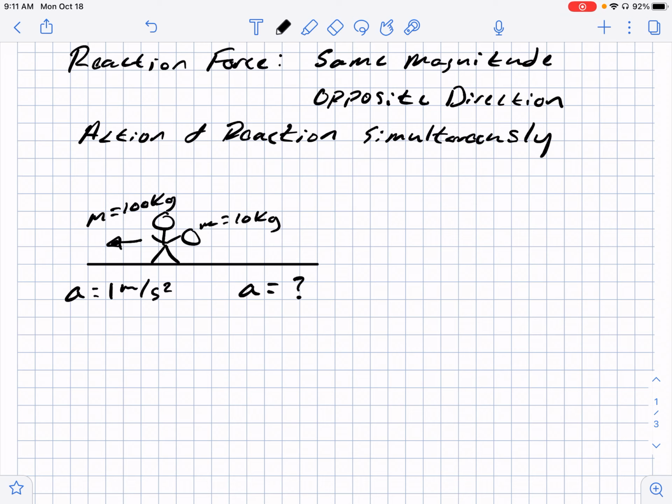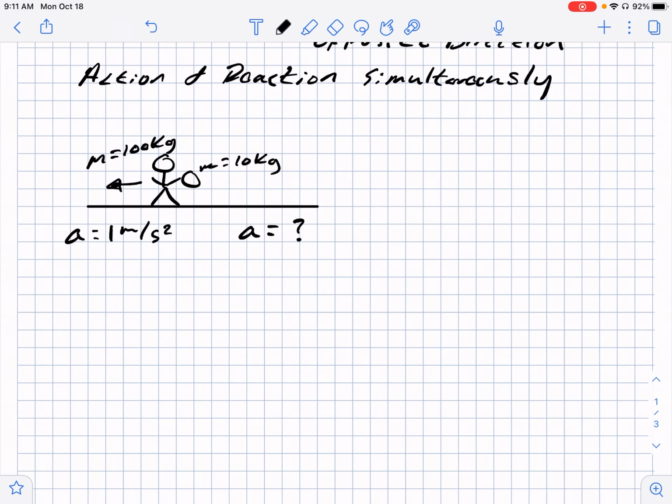And so we can apply this force pair concept in Newton's third law to solve for this. So we know that Newton's second law told us that our net force is equal to the mass times the acceleration. So for you, the net force exerted on you, you have a mass of 100 kilograms, and your acceleration is 1 meter per second squared.